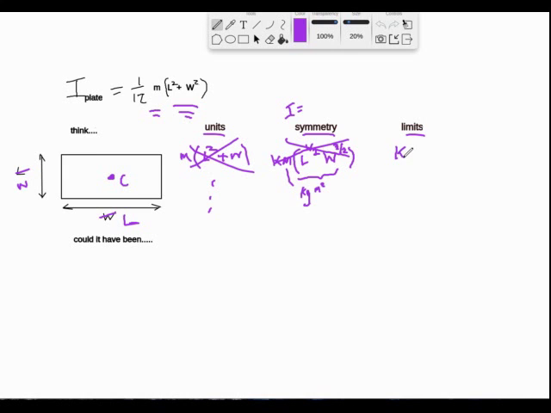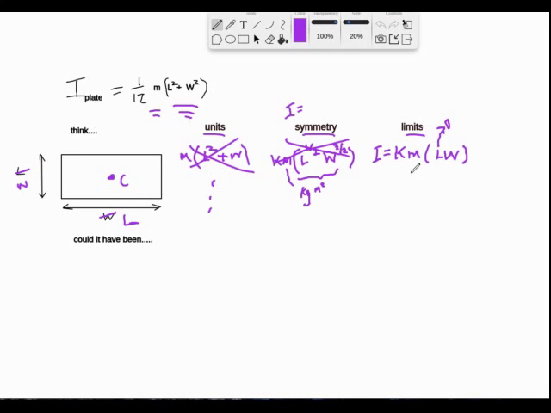And finally, how about something that does treat the length and the width the same? Like how about some constant times the mass times the length times W? I think that might have been a reasonable guess. It's got the right units, and it treats length and width on equal footing. So it meets the first two criteria. But according to this formula, if the length goes to 0, then our moment of inertia would also go to 0.